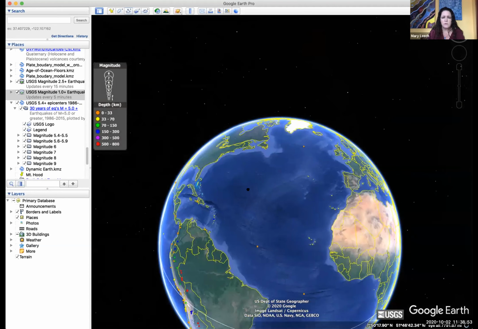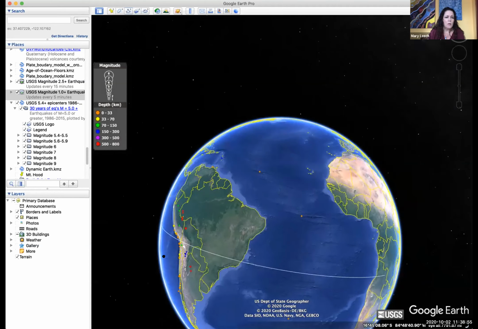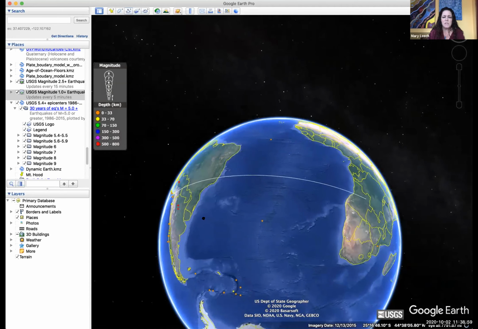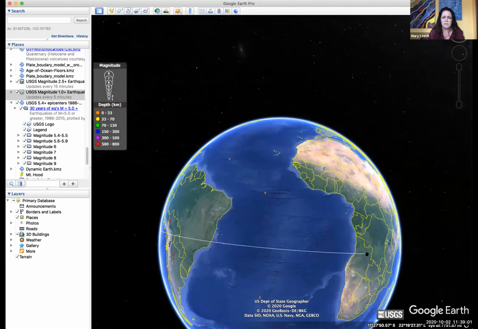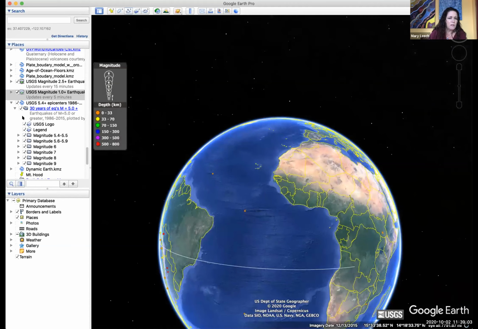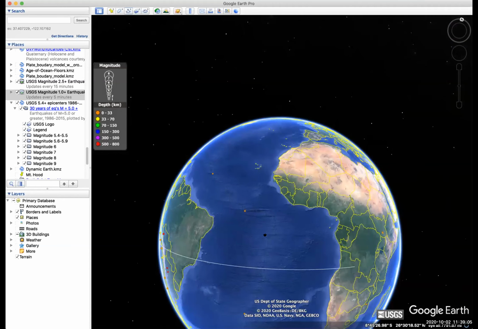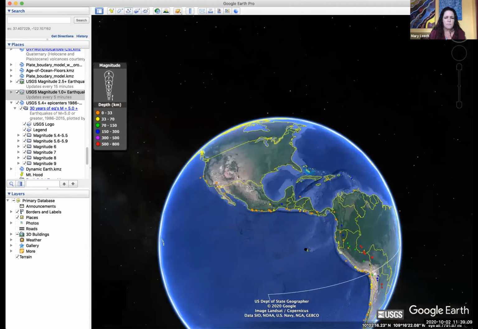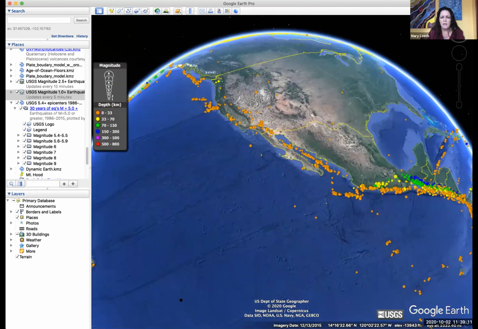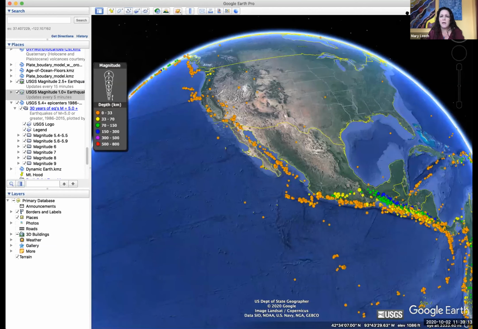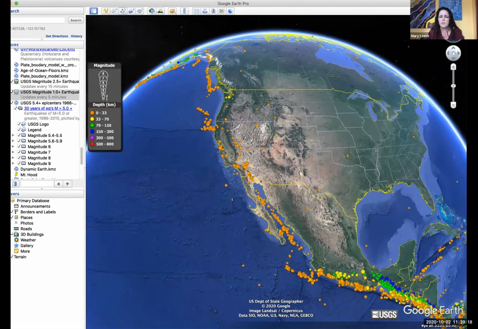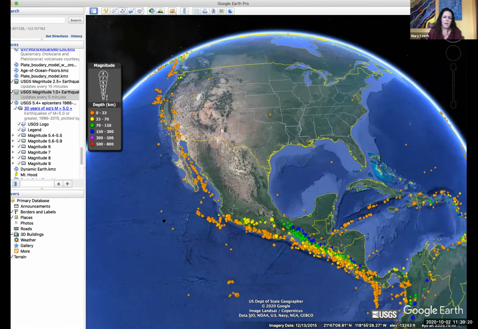Okay, actually, those don't show up well. The seismicity along the mid-ocean ridges doesn't display terribly well here. So that's going to be difficult to see, but I think we need to zoom in to see these patterns. Let me get this to the north again.